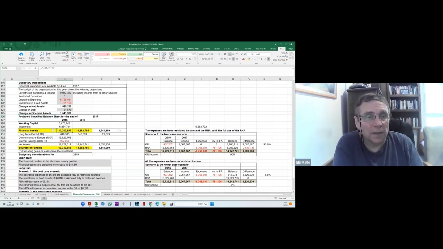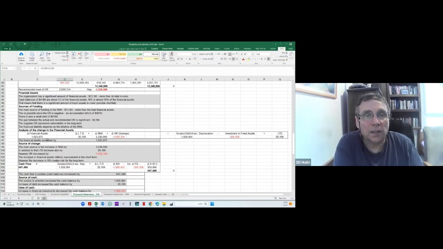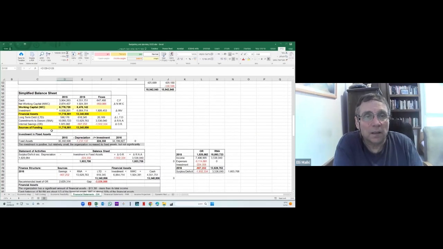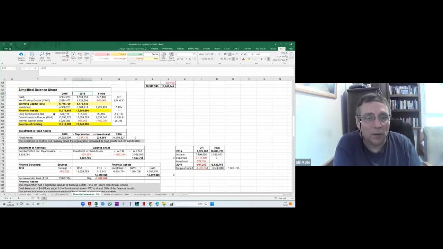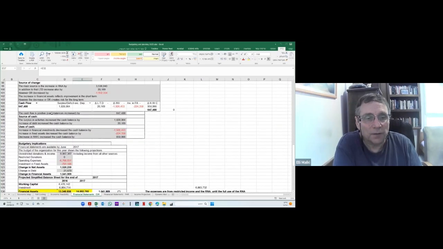Now, this column D is basically the same simplified balance sheet that we had already for 2016. Okay, so let's see it. It's identical to this column E here in the simplified financial balance sheet. This is the end of the previous period, which becomes the beginning of the next period.